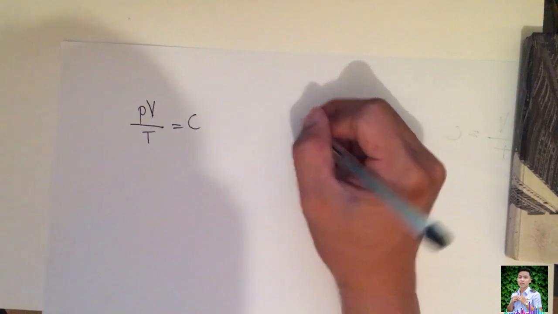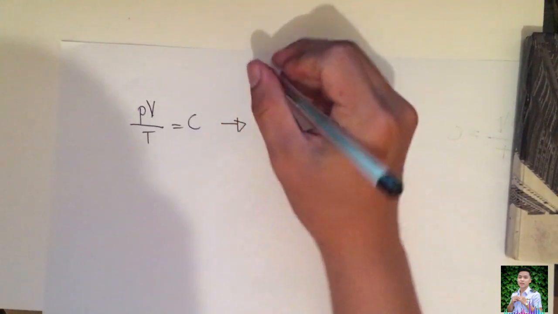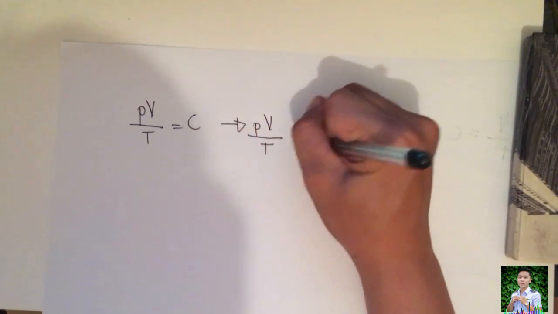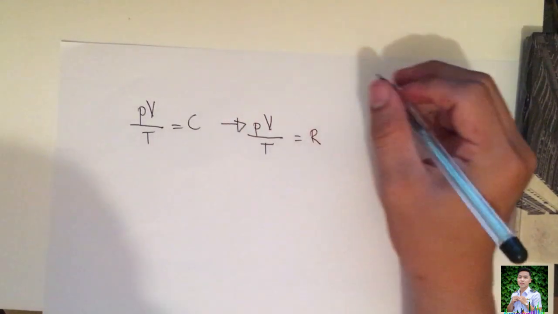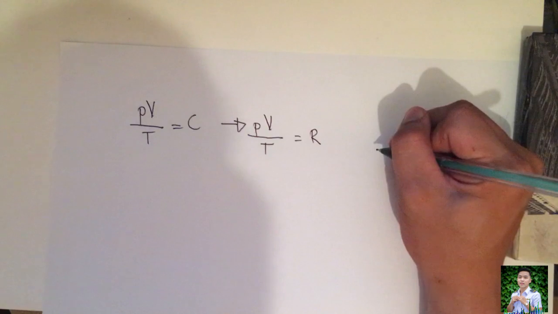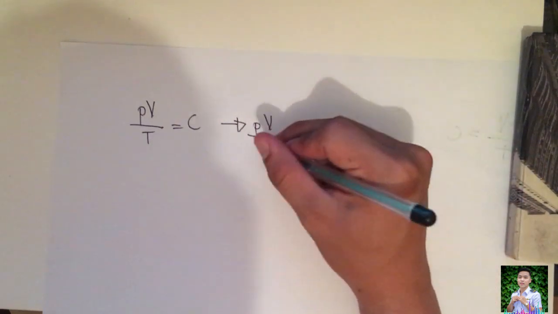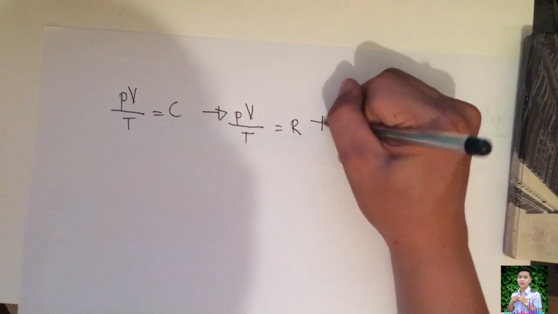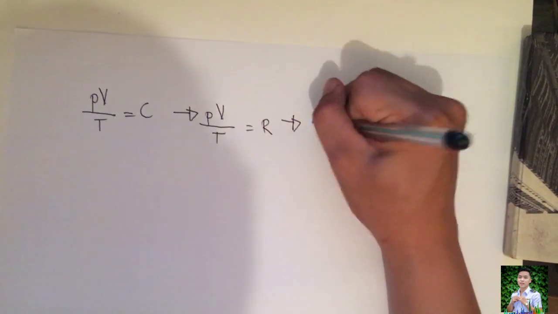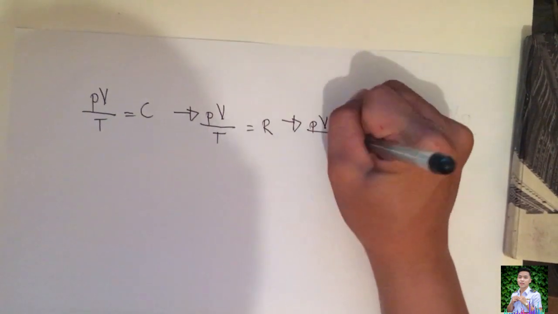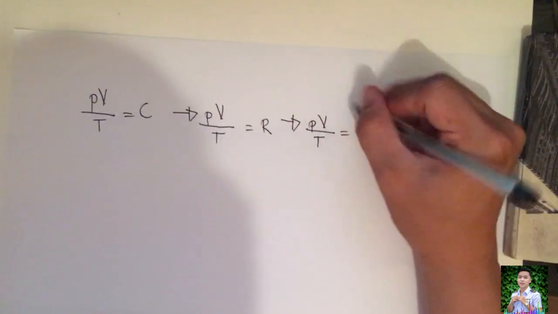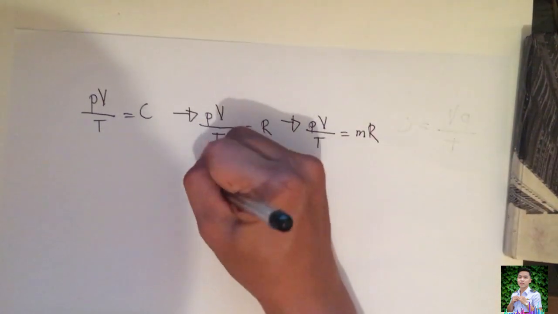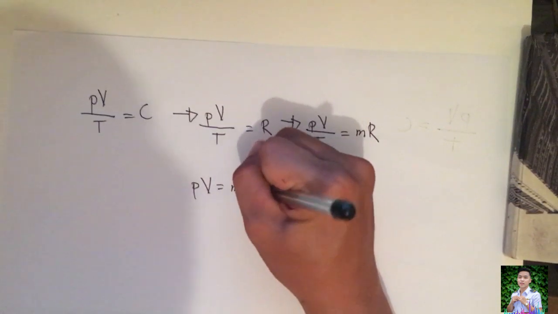Therefore, the equation becomes PV over T is equal to R. And if we consider the mass of the ideal gas, the equation PV over T equals R becomes PV over T is equal to mR, or PV is equal to mRT.